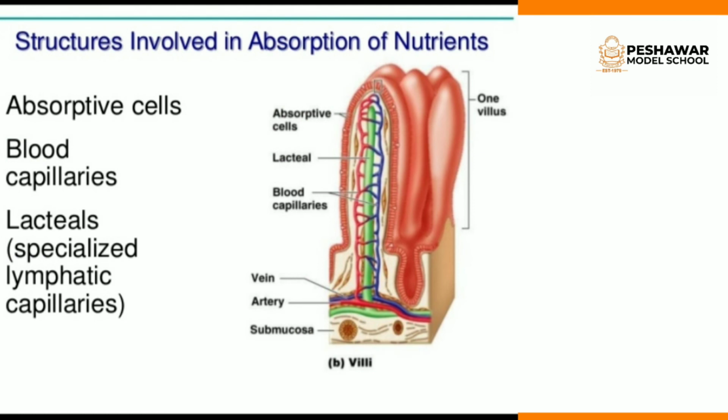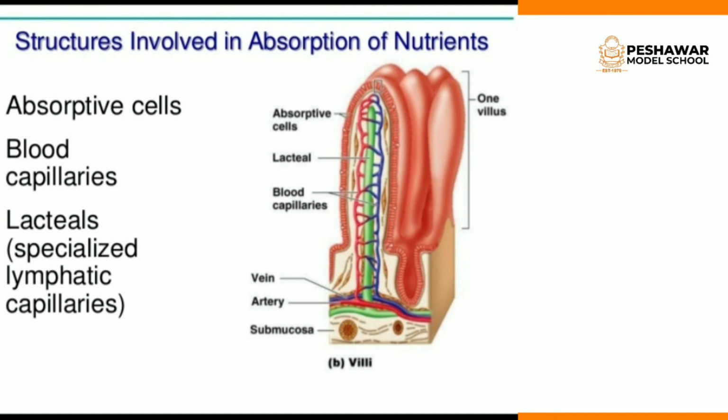Now this is the diagram of villi. You can see the finger-like projection, and it is richly supplied with blood capillaries. These are blood capillaries. So the food is absorbed by the absorptive cells, and that nutrient mixes in the blood capillaries.